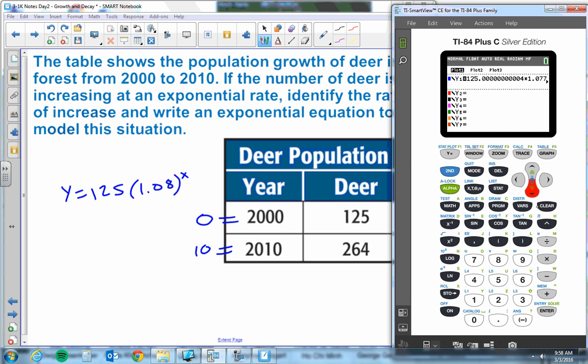And then, watch this. To get the window setting set, you have a couple of options. You can do it manually, which may be even better, but if you hit zoom 9, if you have it so it's plotting points, zoom 9 will fix it so you can see those points. Now, frankly, the window settings usually aren't ideal with this.